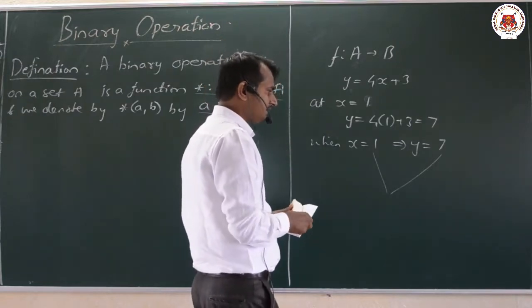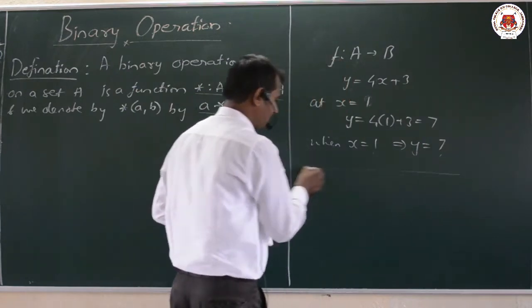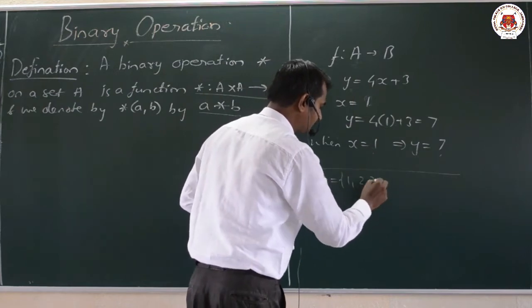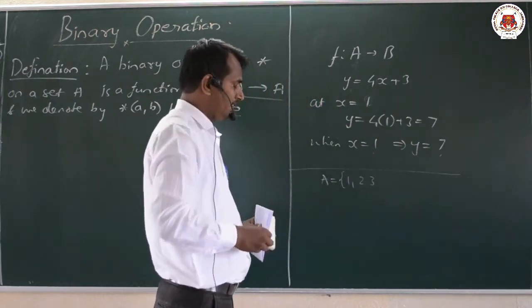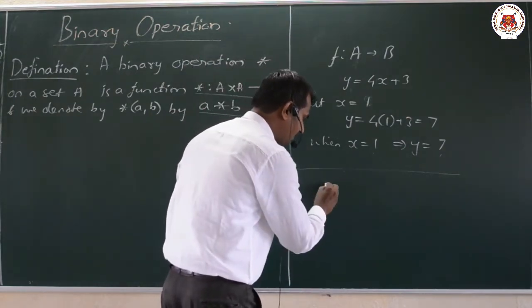Let us take a simple example, a set A equal to {1, 2, 3}, or else we can write in general a star b.